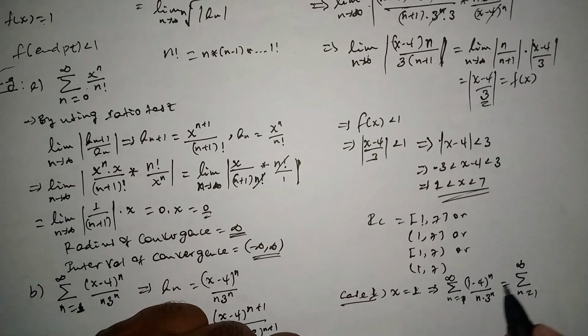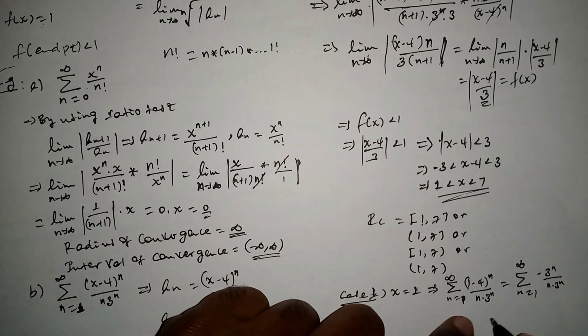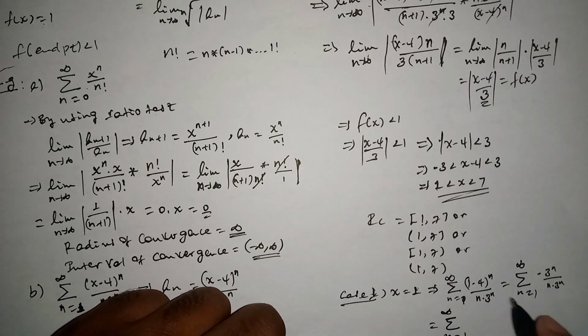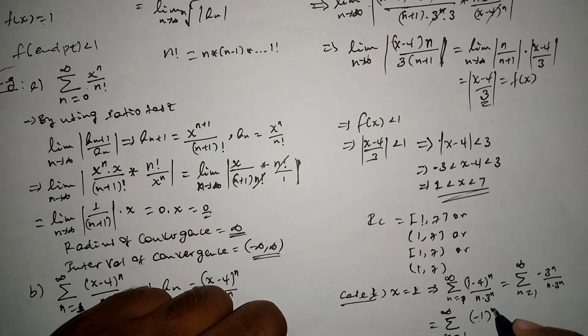This is equal to the summation from n equals 1 to infinity of (1 minus 4, which is negative 3) raised to n over n times 3 to the power of n. So this equals the summation as n runs from 1 to infinity of negative 1 raised to n over n.